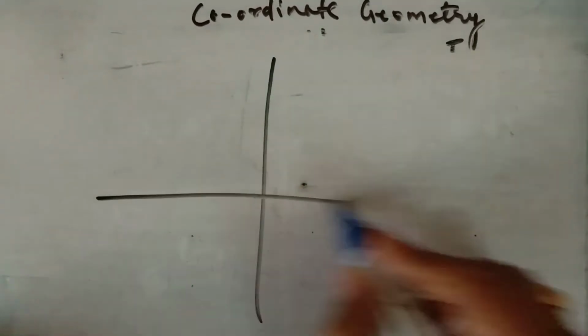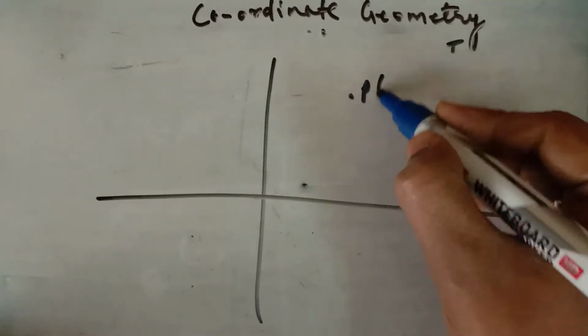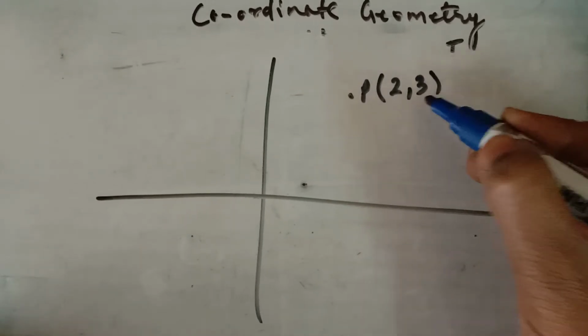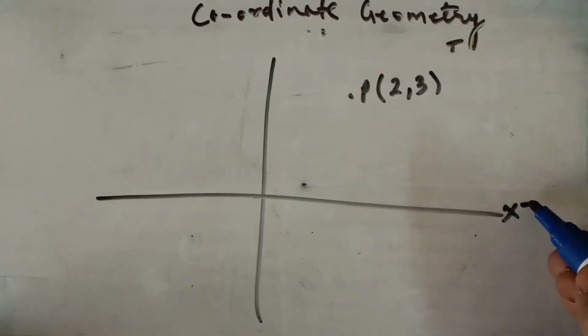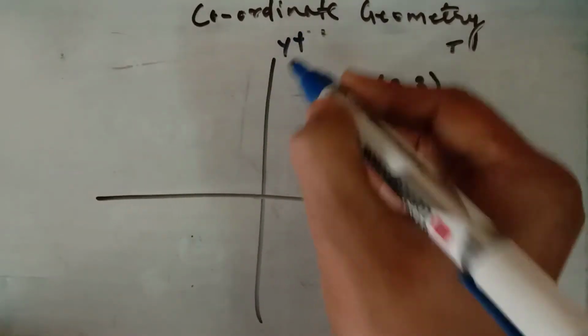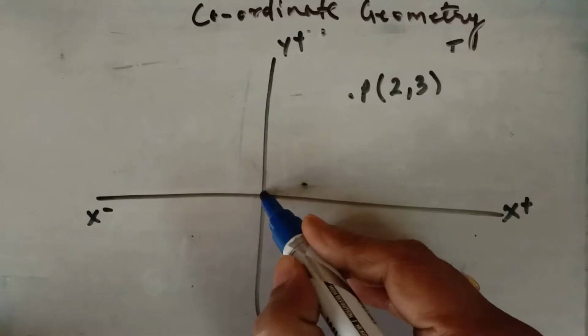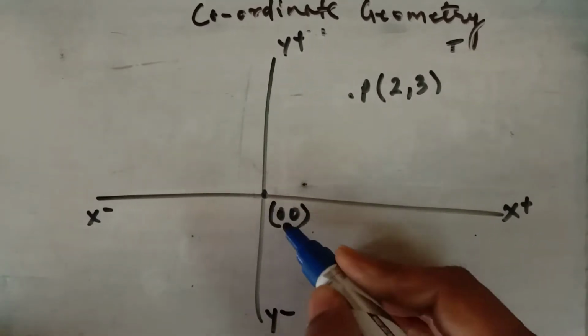Suppose we take this point P here, and let its coordinates be (2, 3). Here both are positive. This is the positive x-axis, this is the positive y-axis, this is the negative x-axis, this is the negative y-axis, and this is the origin whose coordinate is always (0, 0).